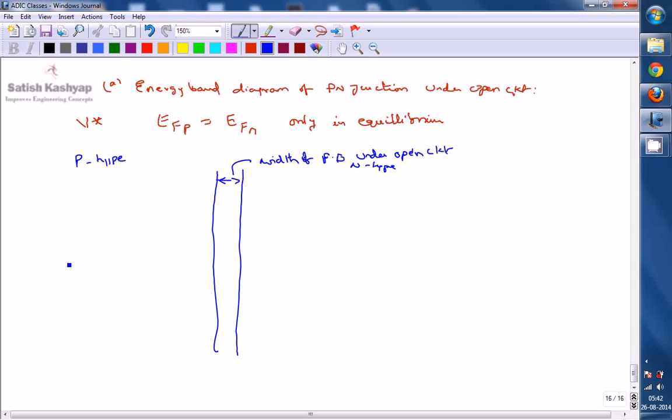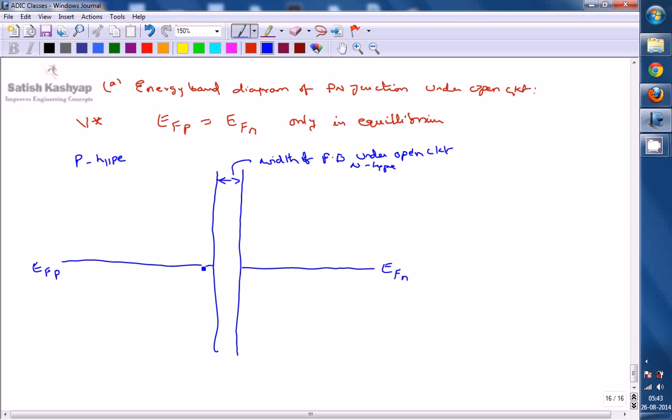This is the Fermi level on the p side and this is the Fermi level on the n side. So I am writing this as EFN and EFP. Both are at the same energy level, so we draw a horizontal line from the p side to the n side, okay.